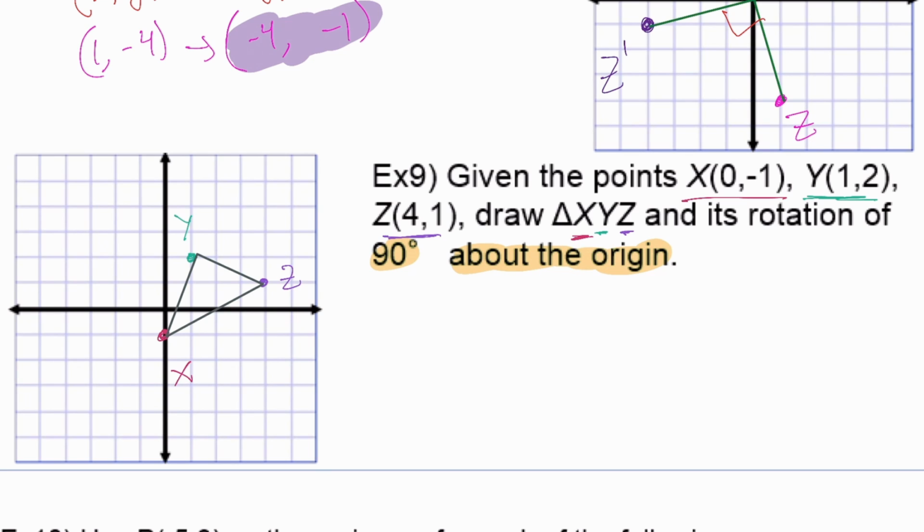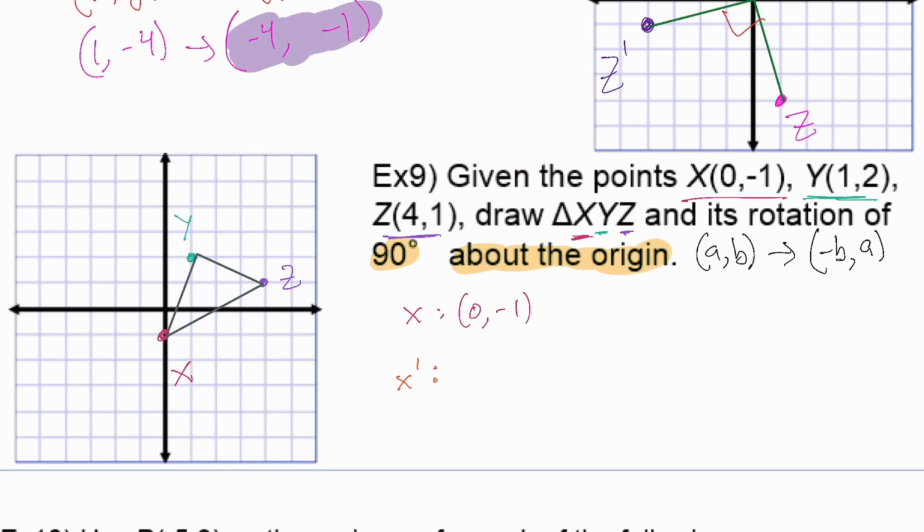So one of the things that I can do for this is, again, apply that shortcut. So for X, it starts at 0, -1. And again, just a reminder, start with A and B this time. So our shortcut for this 90 rotation, if I start at A, B, for 90 degrees, it's going to go to the opposite of B, A. So X prime then, kind of in an orangey color.